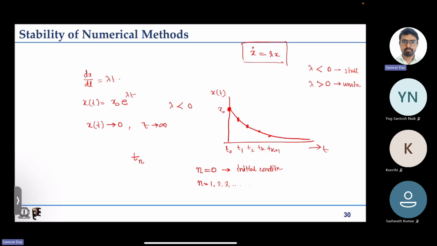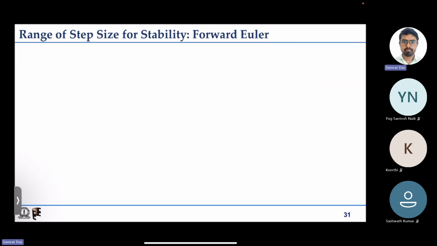Now let us try to evaluate the stability criteria for the numerical method. So let us start with forward Euler. What was our system? It was dx dt is equal to lambda x. Now if it is solved using forward Euler, it is x(n plus 1) minus xn divided by h is equal to lambda of xn.